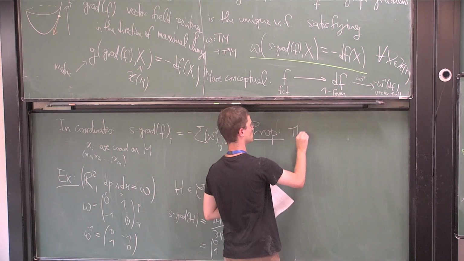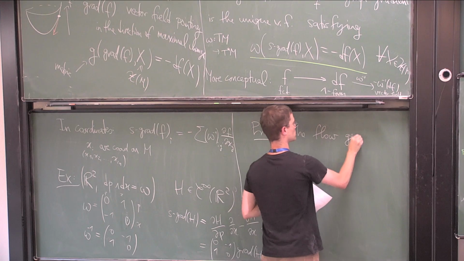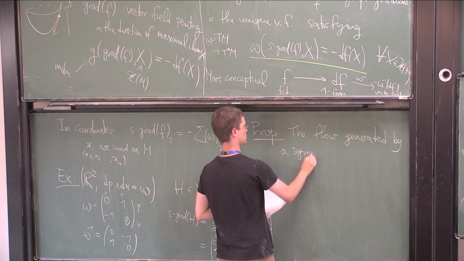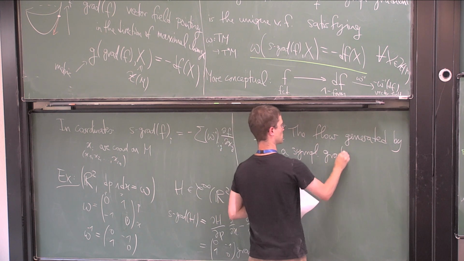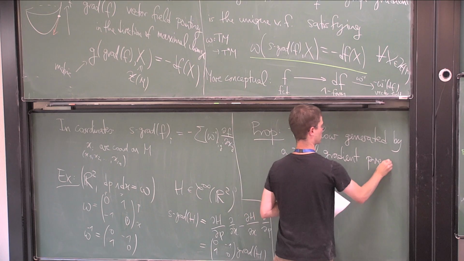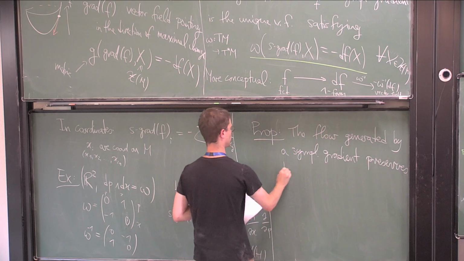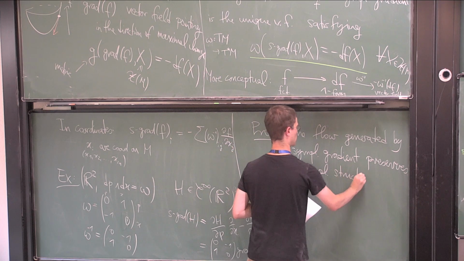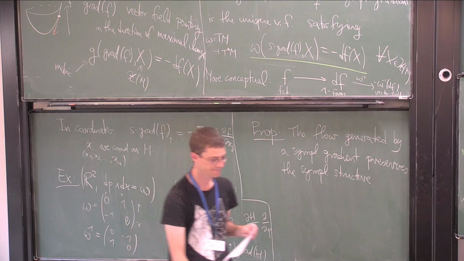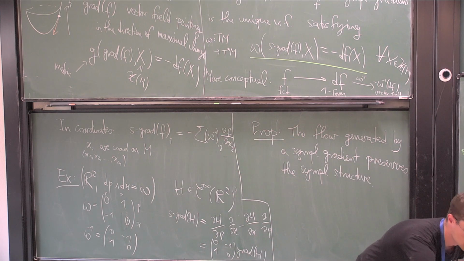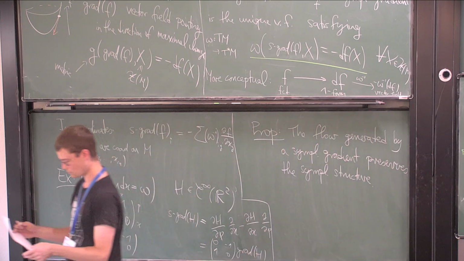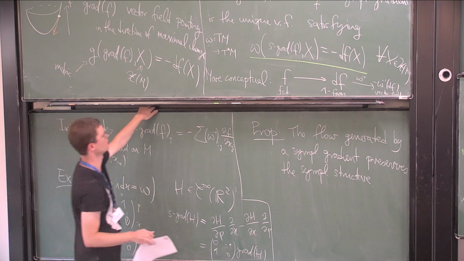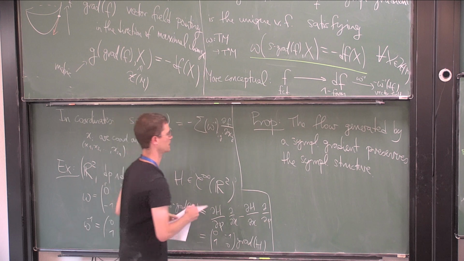So the flow generated by a symplectic gradient preserves the symplectic form.